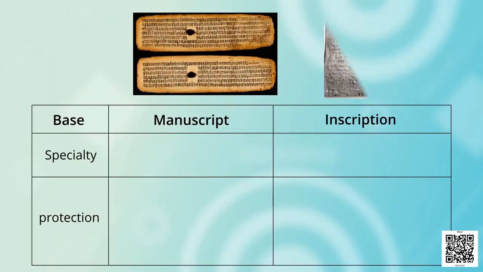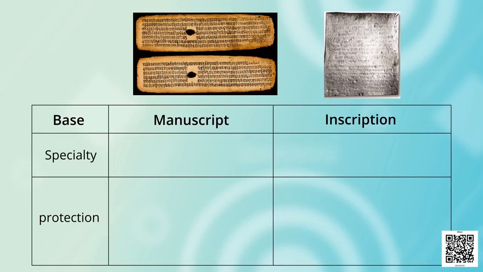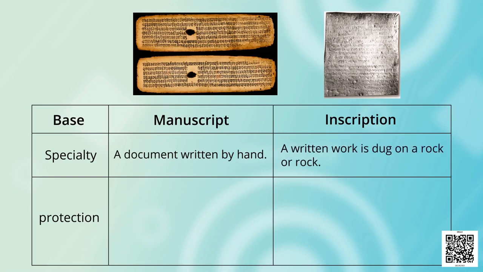Now let's take up the difference between manuscript and inscription. On your screen you can see two pictures. A manuscript is a document written by hand. On the other hand, an inscription is a written work which is dug on a rock or any solid surface.